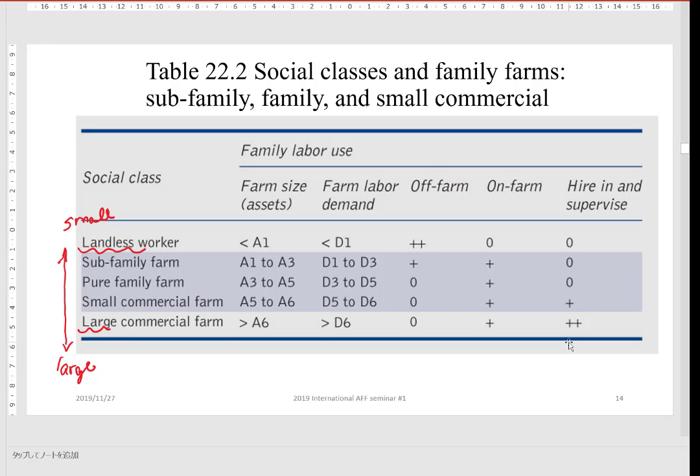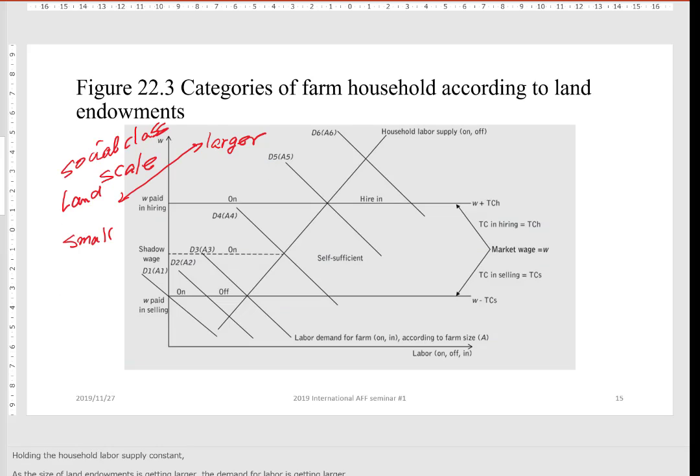They might have some amount of non-labor income. So although this household partially uses family labor on farm, mainly family labor is used for supervising. So starting with these social class categories, let's take a look one by one.